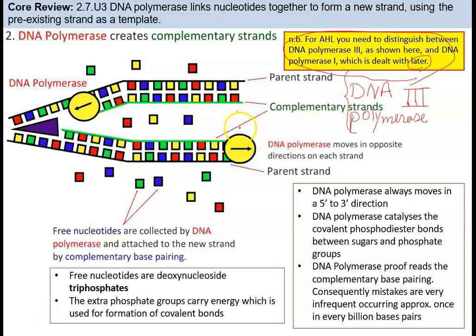Another thing which is important, and you will make that rule for yourself, is that the direction of the helicase is the same as the direction of the 5' to 3' for the continuous polynucleotide strand, or the leading strand.